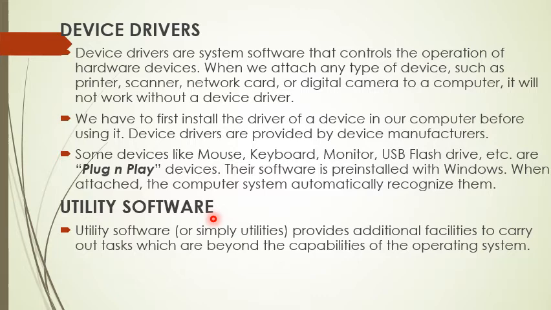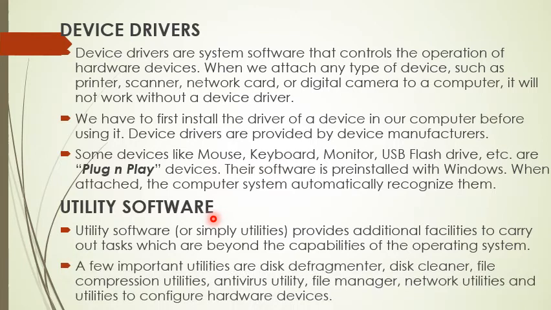WinRAR or WinZip is a utility program. Disk management or disk defragmentation is utility software. A few important utilities are disk defragmentation, disk cleaner, and file compressor utility. I have given the example of a file compression utility, that is WinRAR, and third-party software is WinZip.